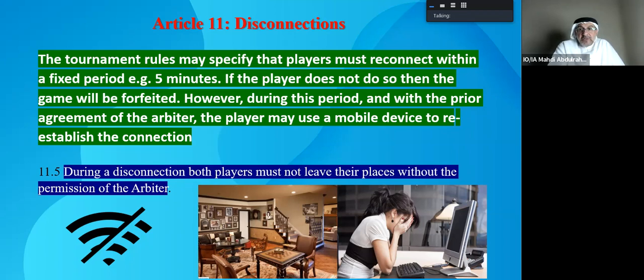However, during this period and with the prior agreement of the arbiter, the player may use a mobile device to re-establish the connection, such as the Bangladesh team, which we did after permission of the arbiter. During a disconnection, both players must not leave their place without permission of the arbiter.